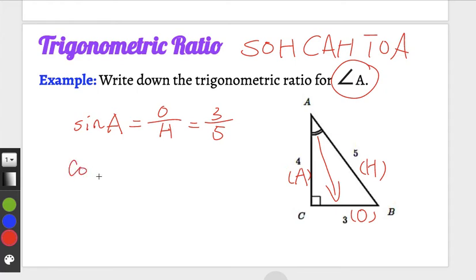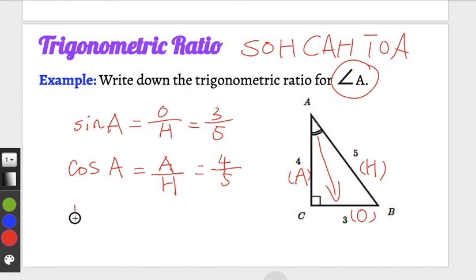Next, again, this is not cos, it's cosine. Cosine, followed by the angle, which is A here. And cosine, according to the definition, is adjacent over hypotenuse. So adjacent, which is 4, and hypotenuse, which is 5, so 4 over 5.